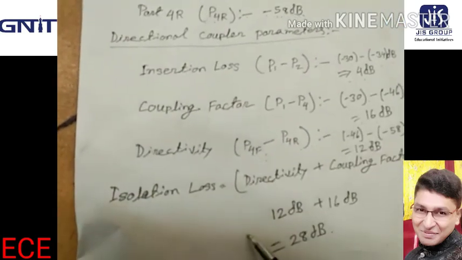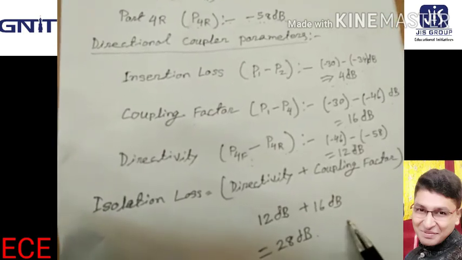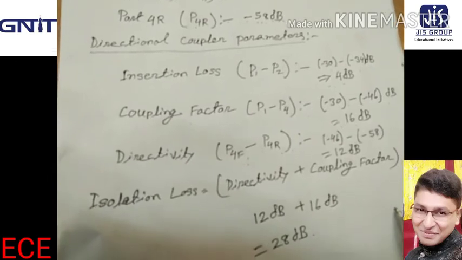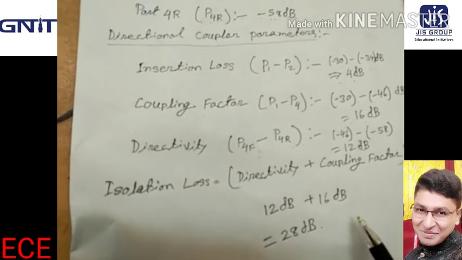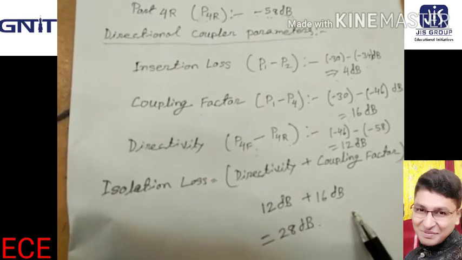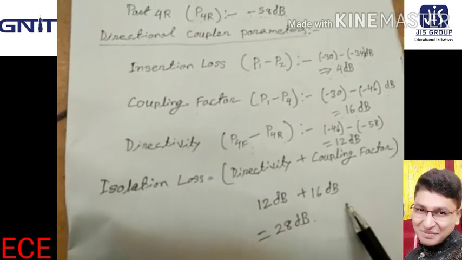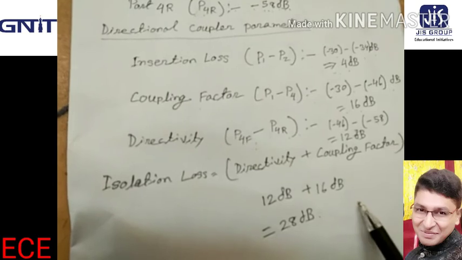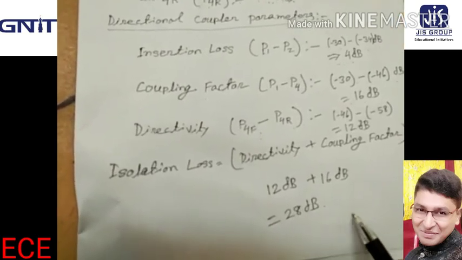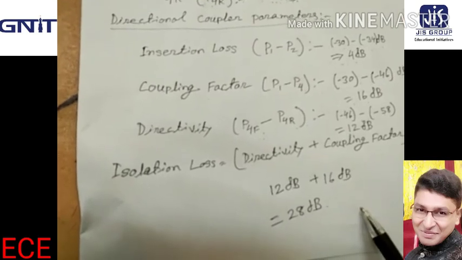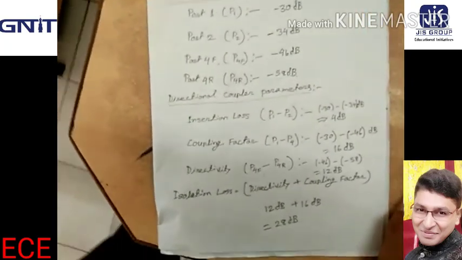And last is isolation loss, nothing but directivity plus coupling factor. Directivity is 12 dB and coupling factor is 16 dB. Then isolation loss is 28 dB. This is our experimental result.